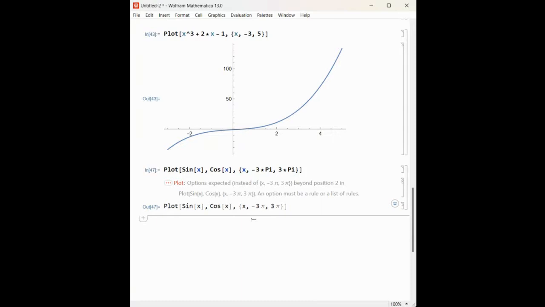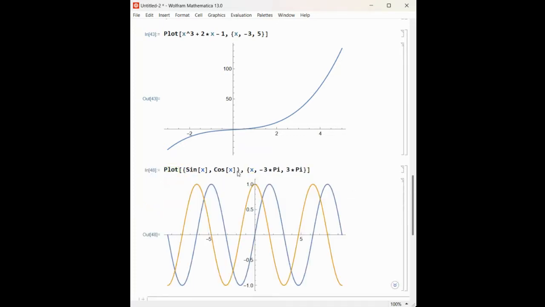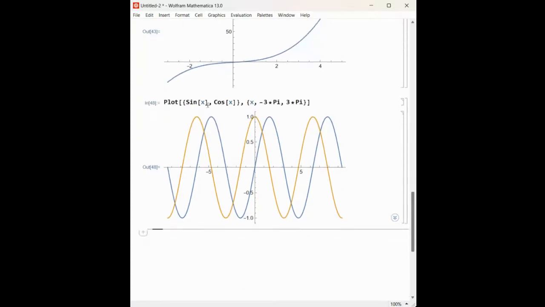What's happening? Okay, these are two variables, so I have to put this command. So we have to put this bracket sign because now it is more than one variable, so you can see all of them as one. Very good. So that is it.